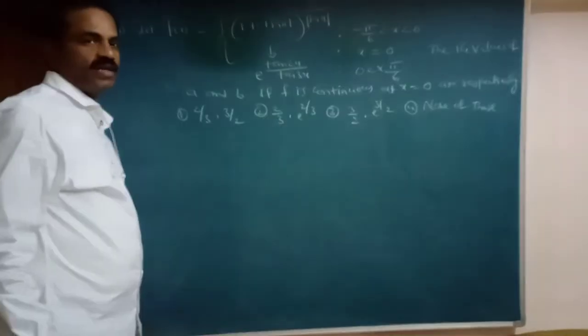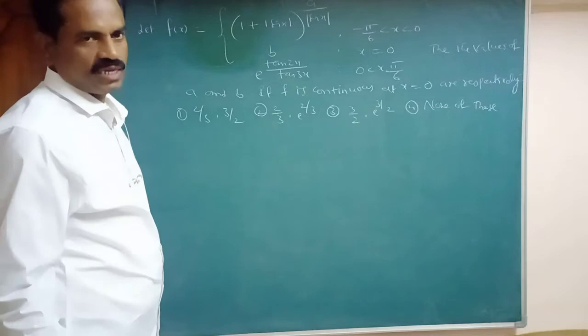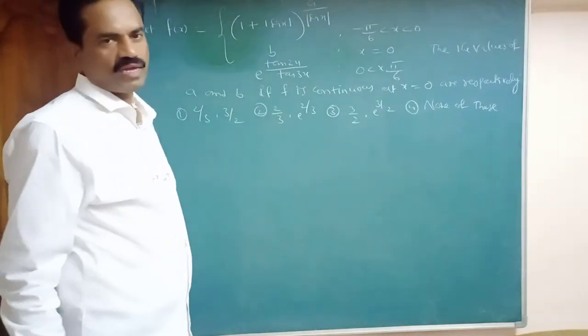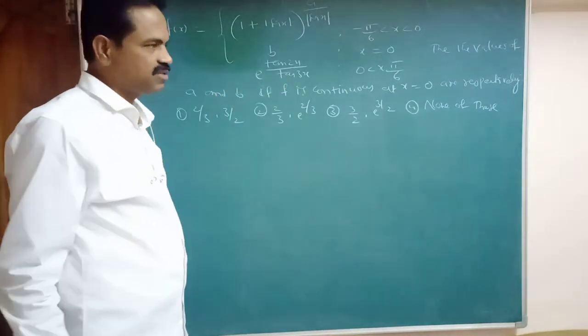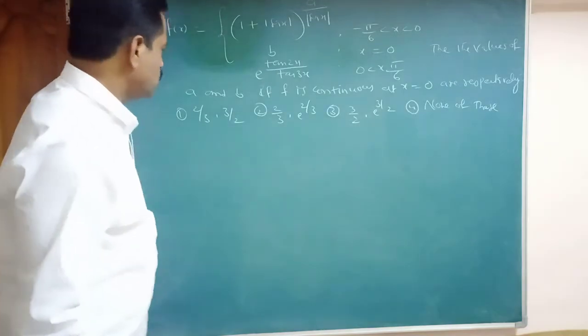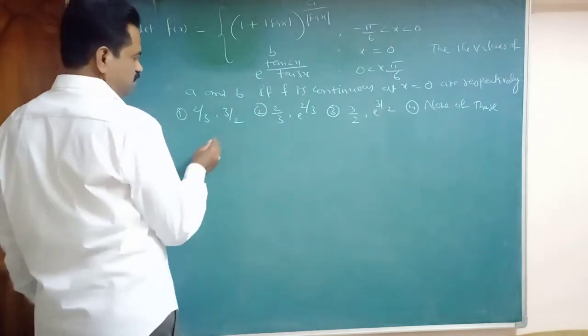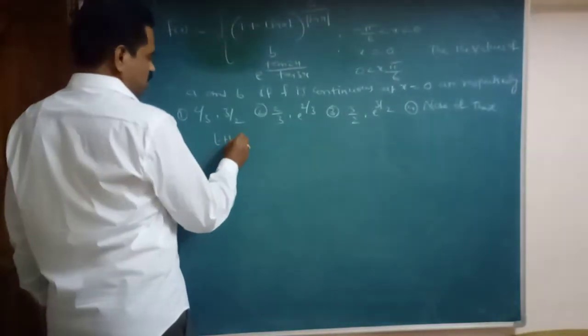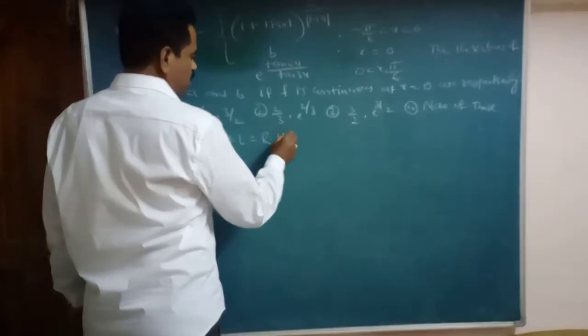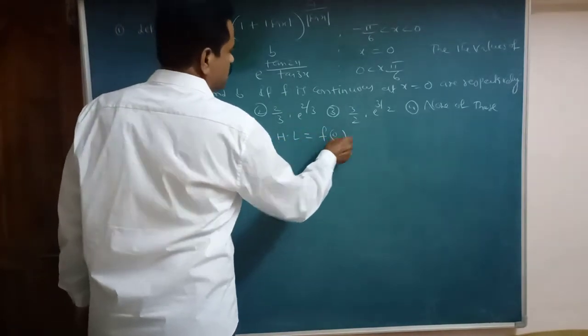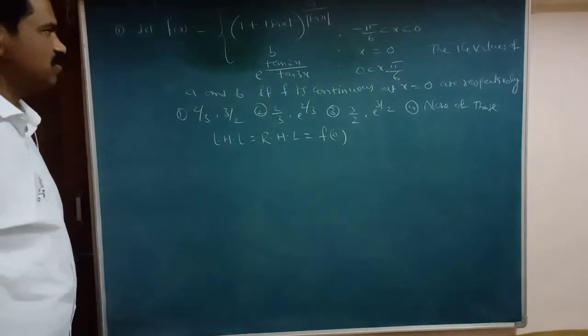Here continuity means we have to check LHL equal to RHL equal to f of a, or at x equal to 0 as asked here, so f of 0. So LHL equal to RHL equal to f of 0, as f is continuous.